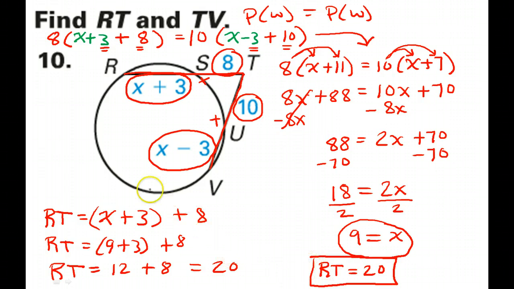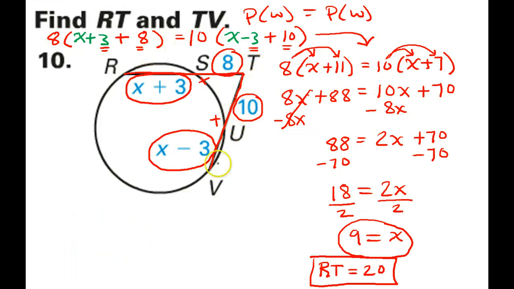Alright, now we need to go back and find TV. TV is made up of two things, x minus 3 plus 10. Those are the two parts of TV. So just like before, TV is equal to x minus 3 and then plus 10.